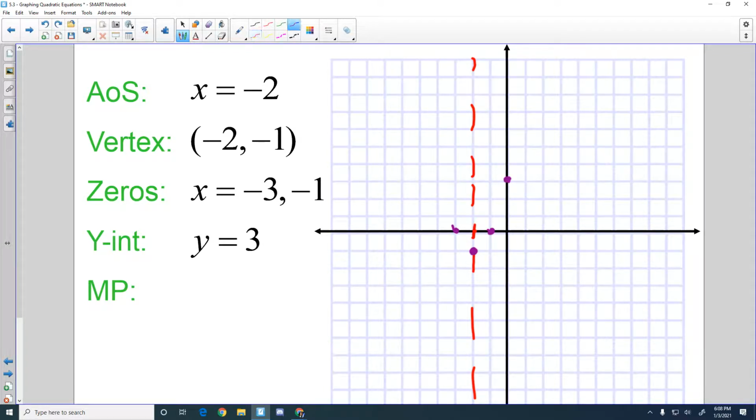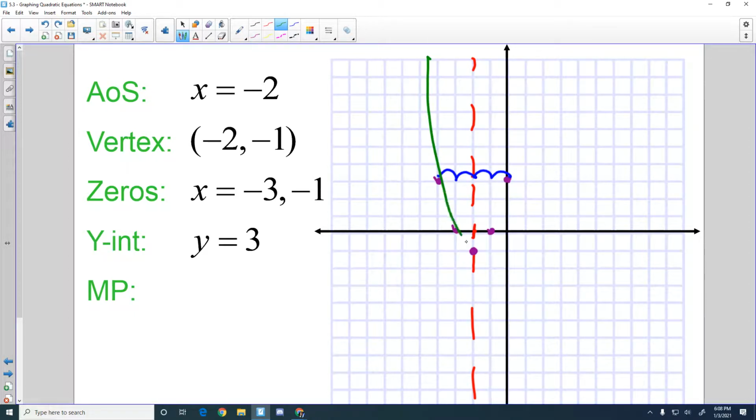And then we can see that that point is 2 spots away from the axis of symmetry. So continue on 2 more times to get to that next one and put a dot for that mirror point. And now you've got enough information to draw in your parabola.